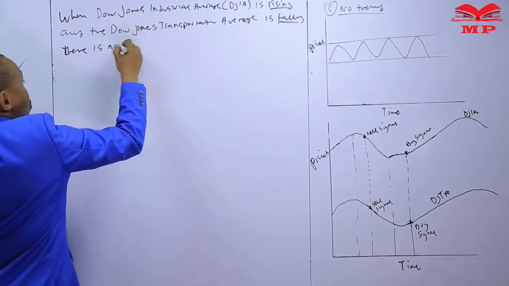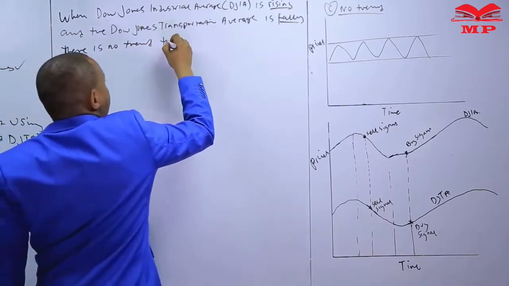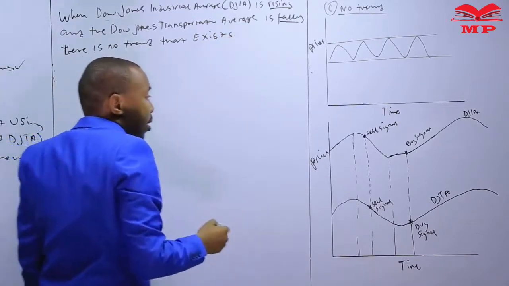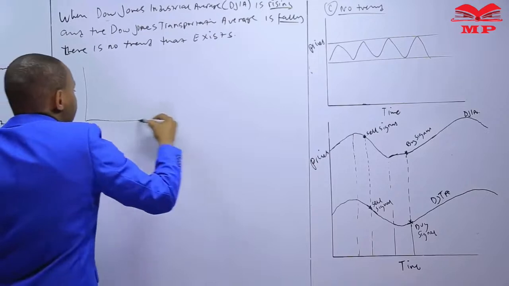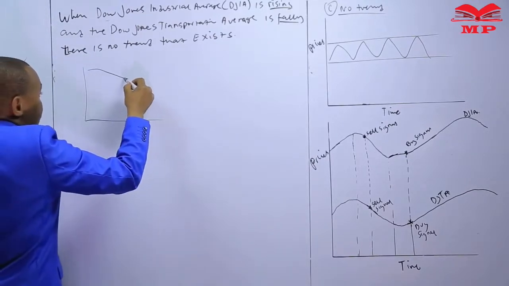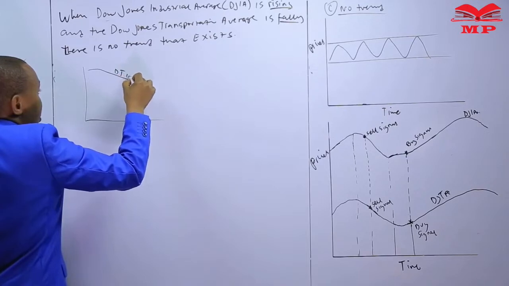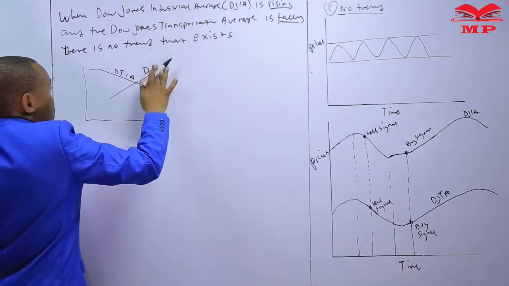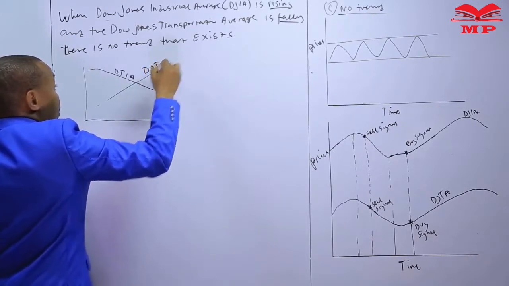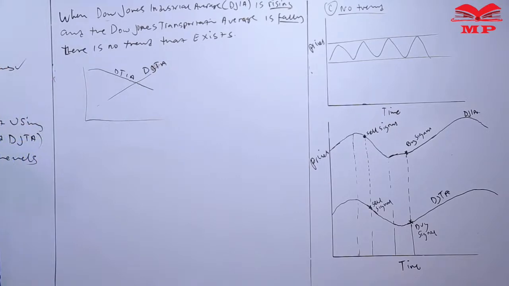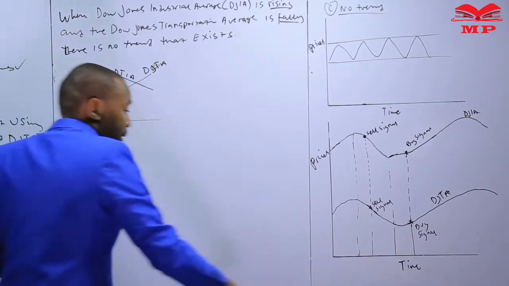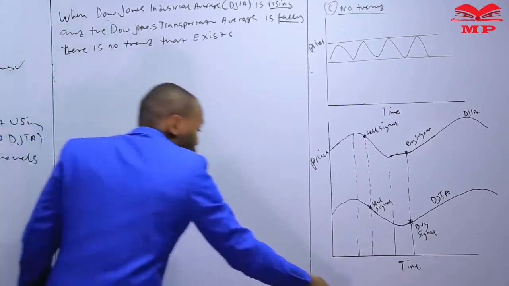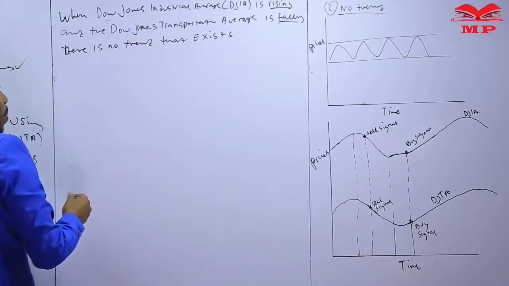There is no trend that exists there. So we are saying, if you have a hypothetical graph like this, you find the Dow Jones Industrial Average is falling like that, and the Dow Jones Transportation Average is rising like that, then there is no indication of a trend that exists there. So there you should not infer anything, and you should probably hold on a bit so that the trend can exist.